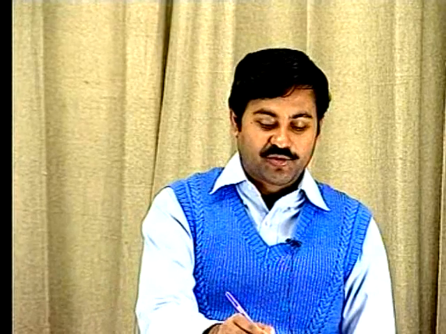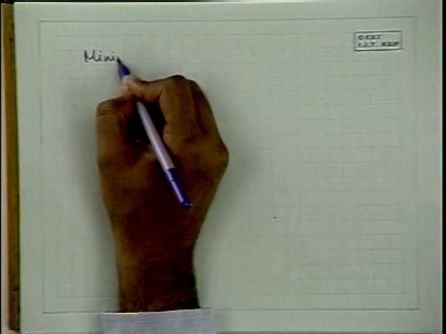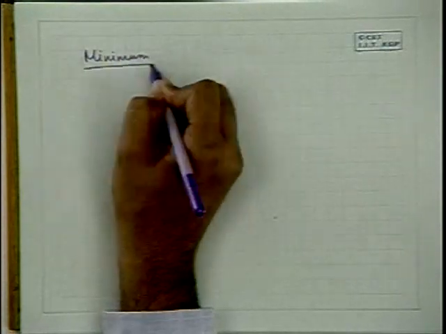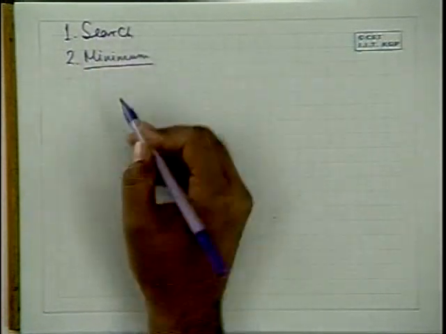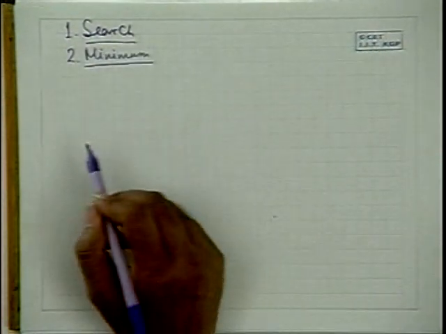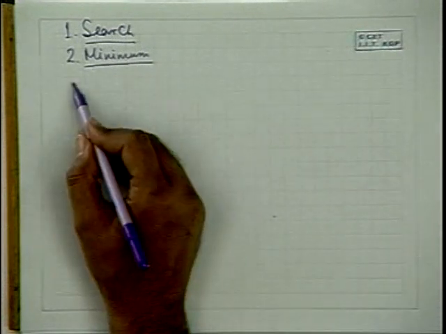Now there are other applications or functions which generally use this binary search tree. So the first operation was search. The second operation I can use to find the minimum. So what do you do for the minimum in the binary search tree?